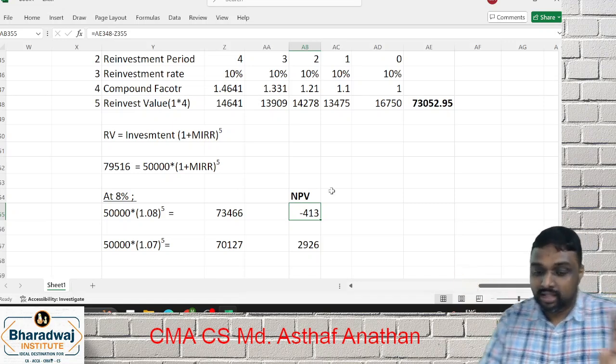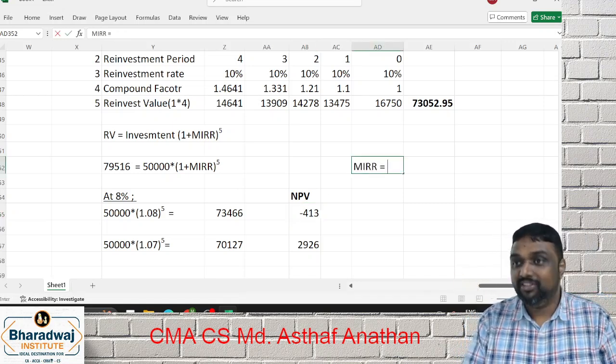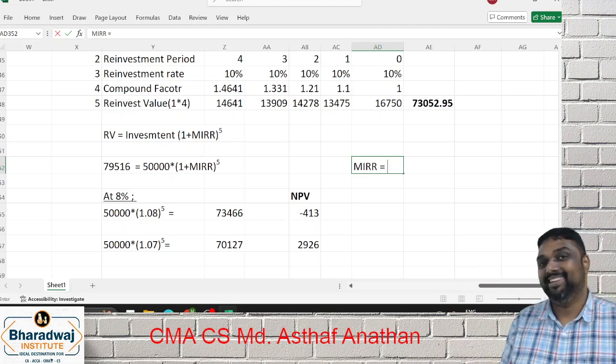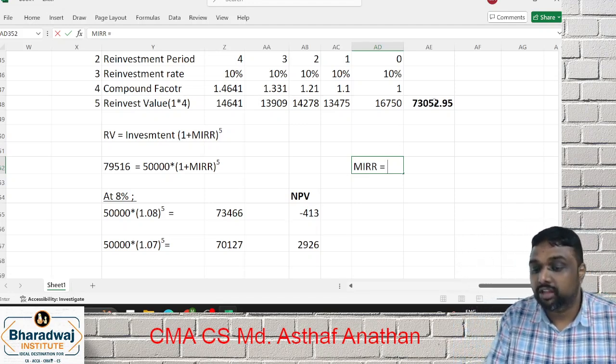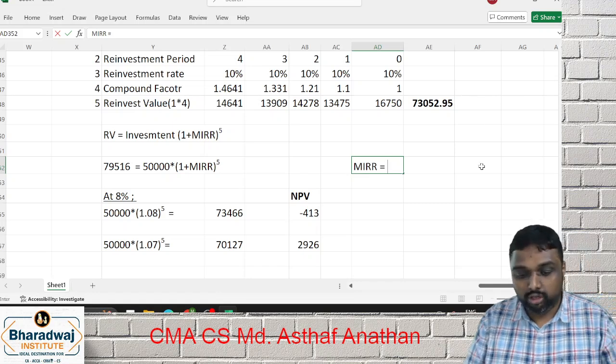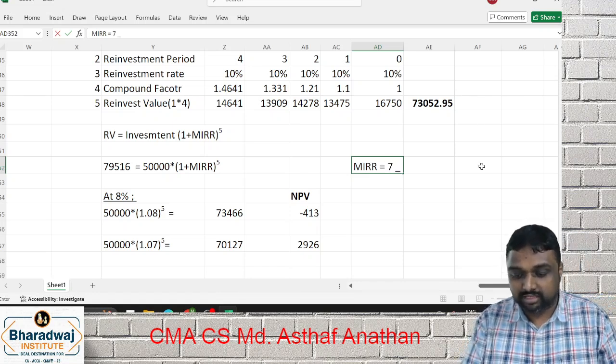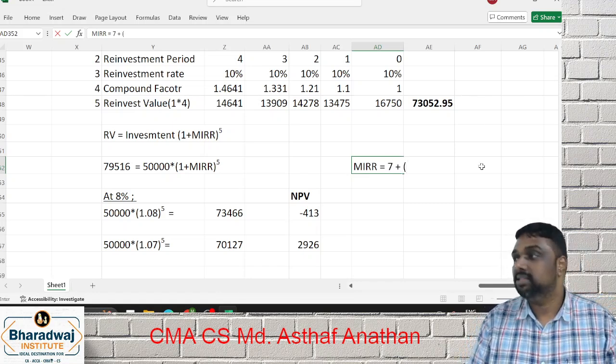So how will you get it? Same IRR formula, but we will return it as MIRR, because it's a different concept. It tells at what interest rate 50 becomes 73,000. It is after 7%, so 7 plus.